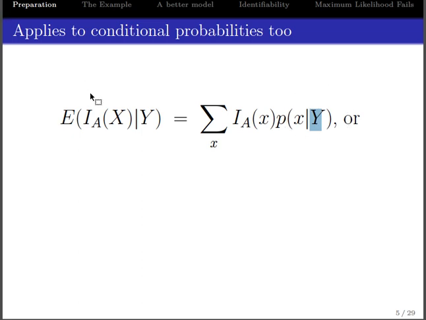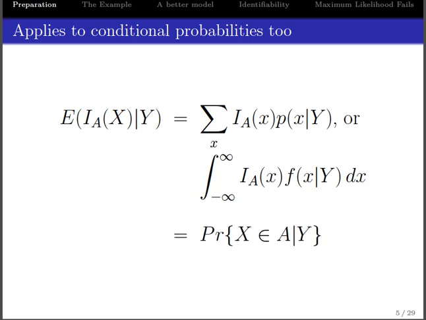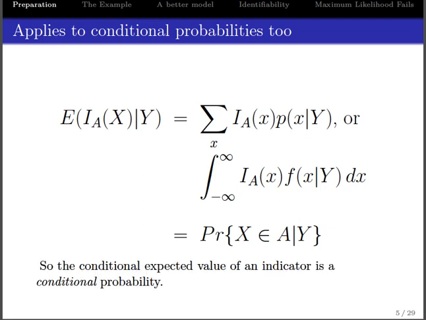So absolutely the same stuff goes through, except with conditional probability instead of ordinary probability. Or if it's continuous, you've got exactly the same thing, but with density instead of a probability mass function. In either case, you get the conditional probability that x is in A given y. That is, the conditional expected value of an indicator is a conditional probability.